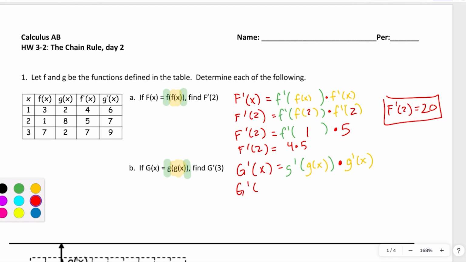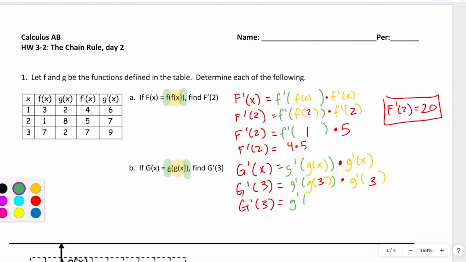So capital G prime of 3 will be g prime of g of 3 times g prime of 3. So now we'll go ahead and take a look at the table to see where we're going to get these values from.